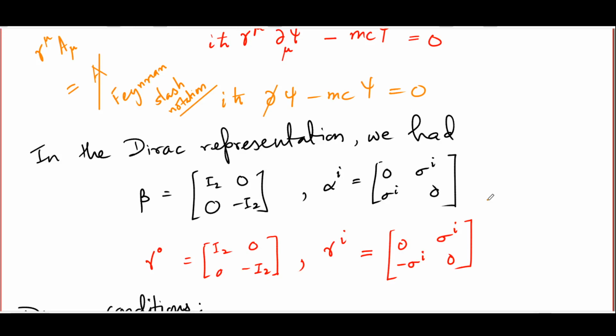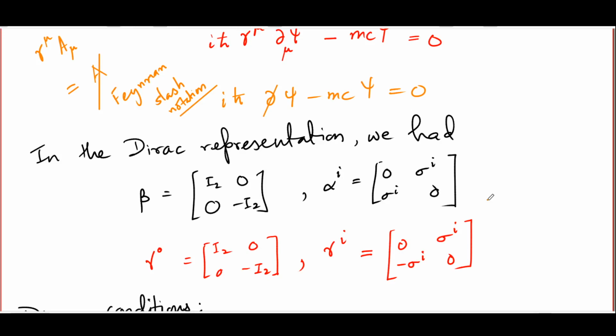What we will see later is that all gamma matrices, all matrices which satisfy the basic demand of the Dirac conditions, will actually be equivalent to each other in the sense that one set can be found by carrying out a similarity transformation on the other set. Now, what we need to do is re-express the Dirac conditions, which were in terms of the beta and the alpha matrices, in the language of the gamma matrices.